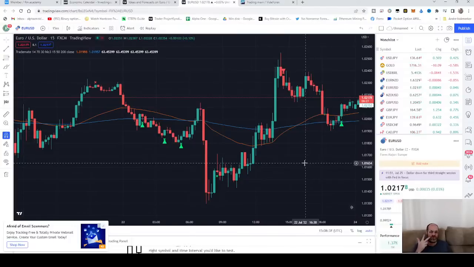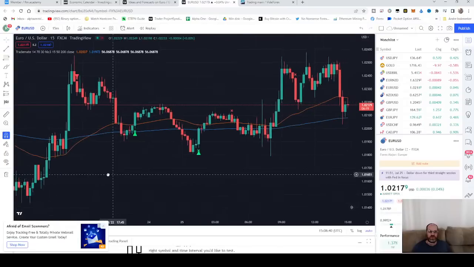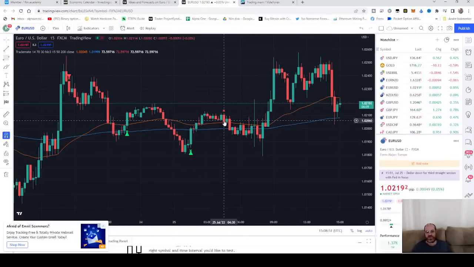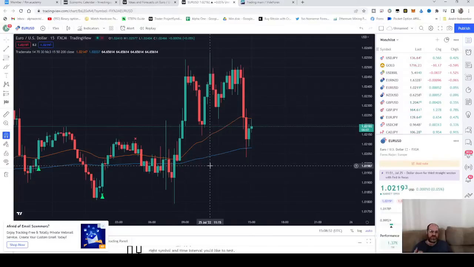So you have 3 winners and 1 loser up to now. Then you open your trade here, close it here, tiny loss. If you had opened here, you would have a tiny profit, but we count that as a tiny loss. As you see, the two losses were super tiny, but the winners were big.